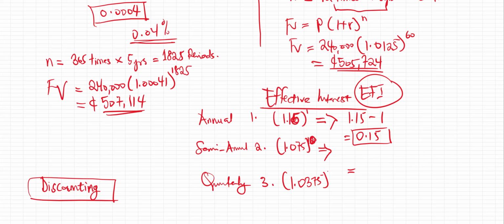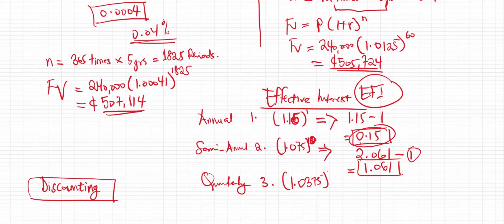Not quarterly, semi-annual. Yes, it was 2.061 or something. 2.061 minus 1. That means the effective interest rate is 1.061, which is over 100%. So always you compound it, you don't multiply by cash flow, then you take 1 out. That gives you the effective interest rate.